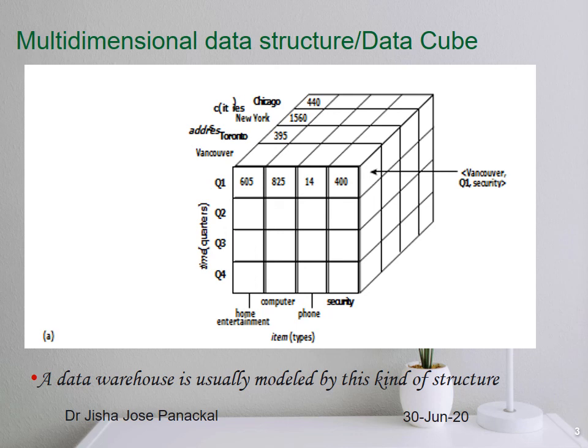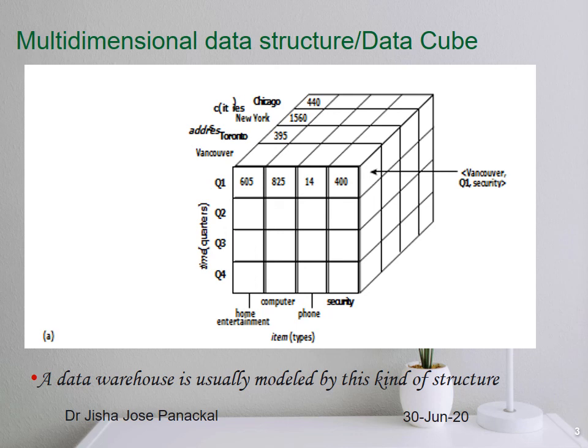For simplicity and for understanding the concept, we are using this three-dimensional cube, but actually a data warehouse can be n-dimensional, that is, more than two dimensions. But for understanding well, we are dealing with a three-dimensional data cube. So a data cube can be of n dimensions.